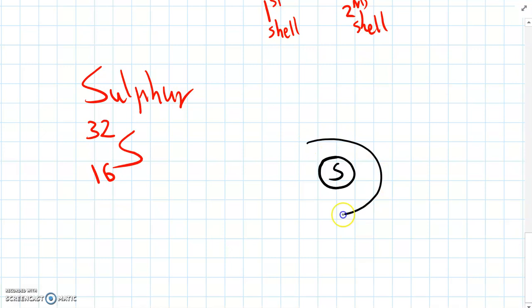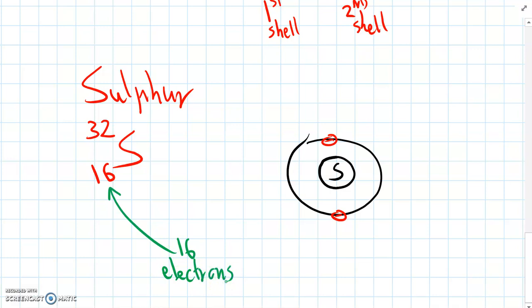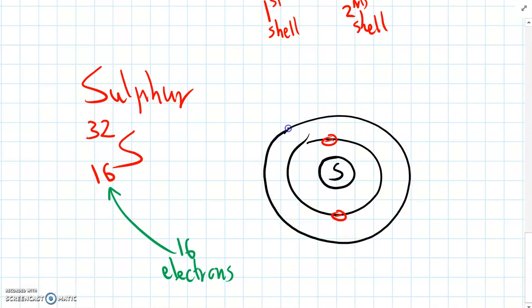So the first shell holds 2 electrons. And by the way, we have 16 electrons that we need to fill. So we've got 2 in the first shell. We know the second shell can hold 8.